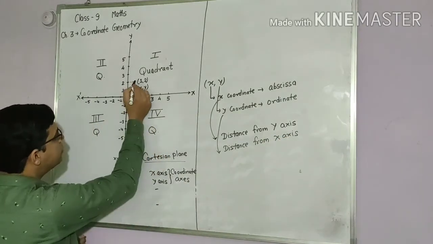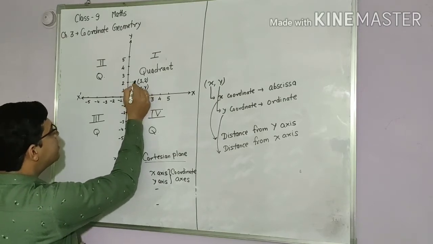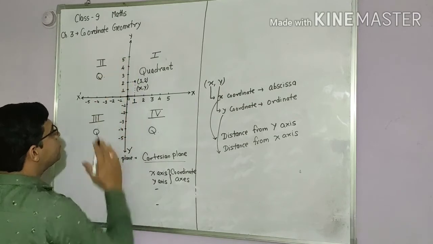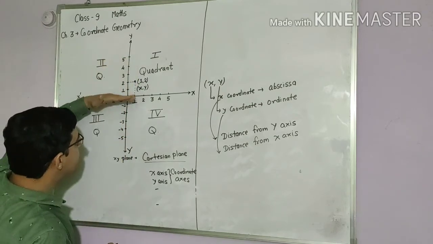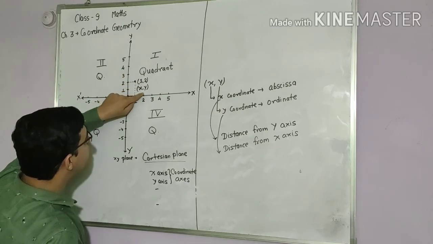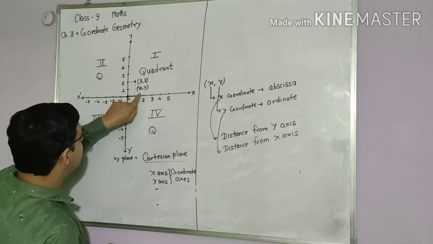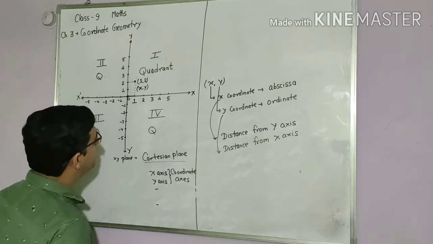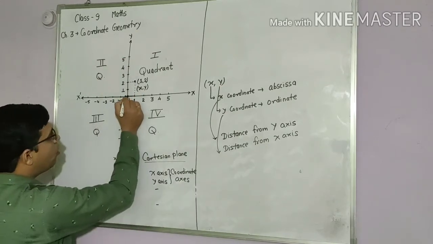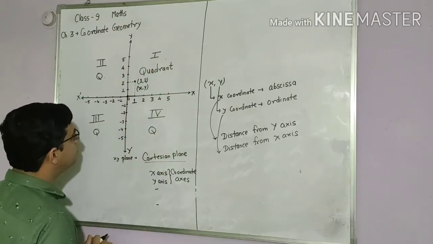As you can see, this point's x coordinate is 1, that is its distance from y-axis, and its distance from x-axis is 2. So 2 is our y coordinate, that is distance from x-axis. 1 is our x coordinate, that is distance from y-axis. Here all these numbers are positive.